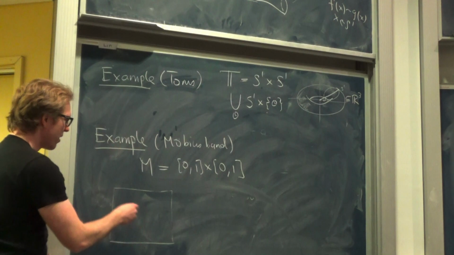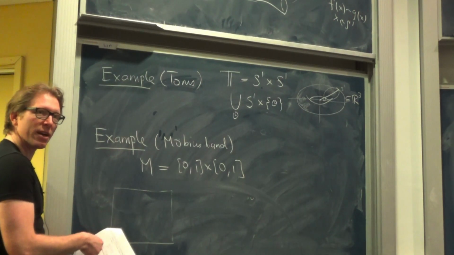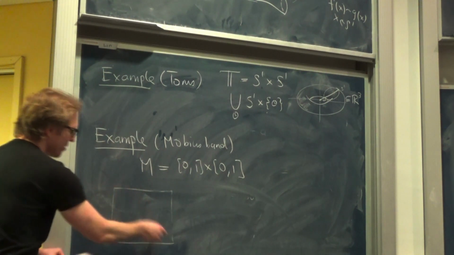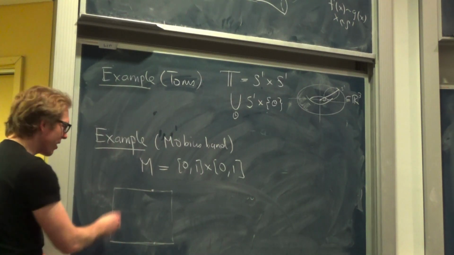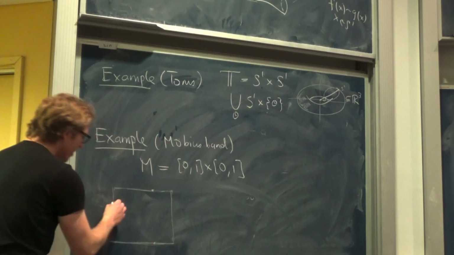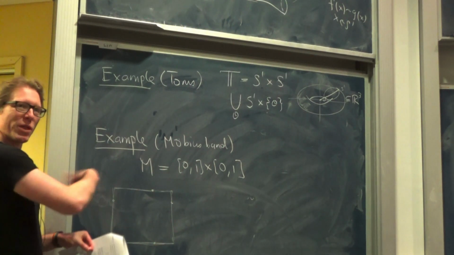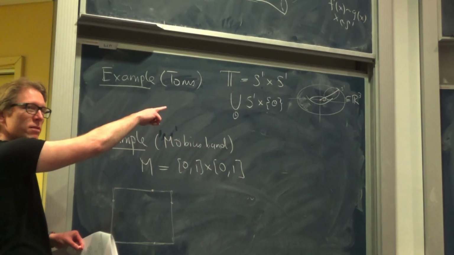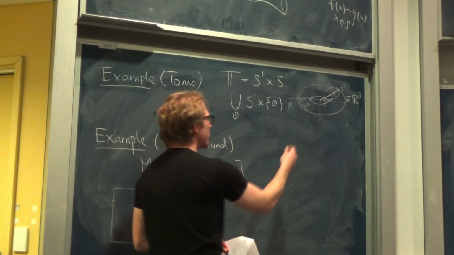One way to glue this thing together would be to glue that edge to that edge, matching up, say, that point to that point. And I also glue that edge to that edge, matching up the points as they are indicated. If I did all that gluing, I would get the torus. All right?